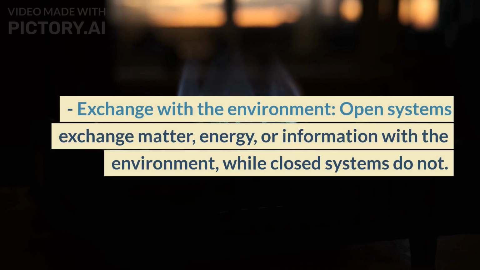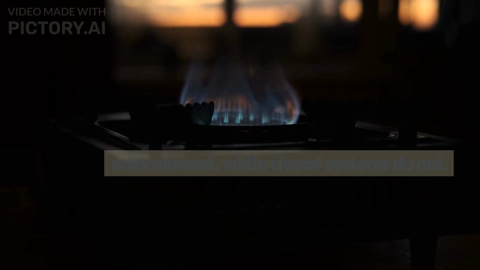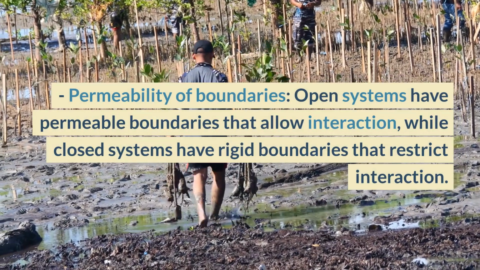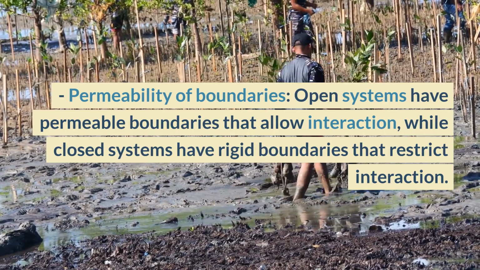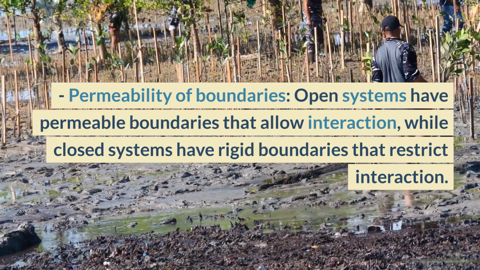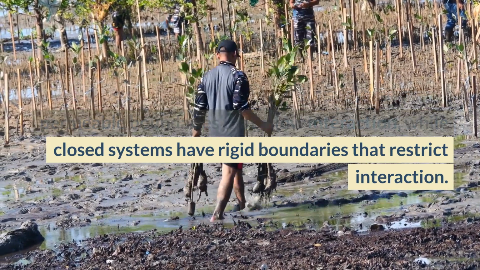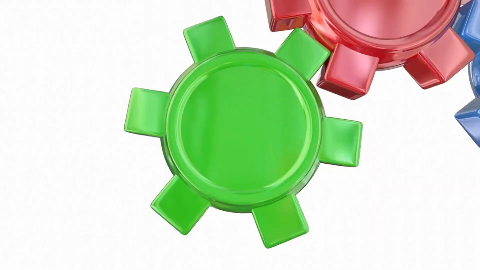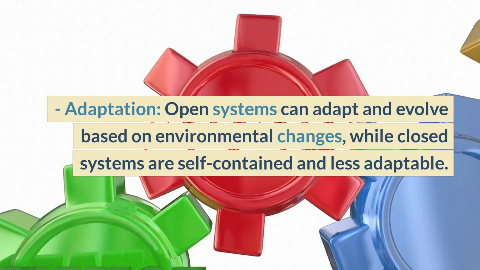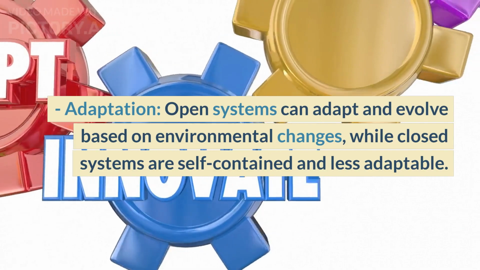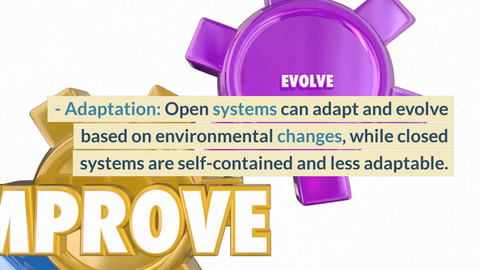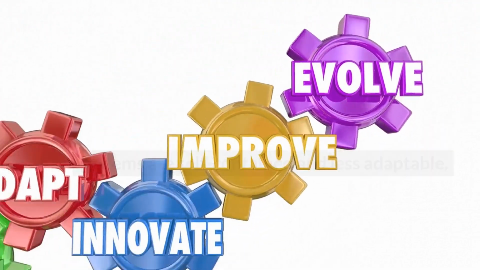Key differences between open systems and closed systems. Exchange with the environment. Open systems exchange matter, energy, or information with the environment, while closed systems do not. Permeability of boundaries. Open systems have permeable boundaries that allow interaction, while closed systems have rigid boundaries that restrict interaction. Adaptation. Open systems can adapt and evolve based on environmental changes, while closed systems are self-contained and less adaptable.